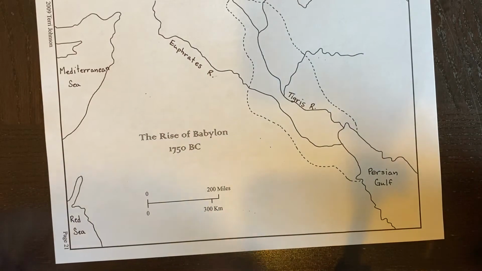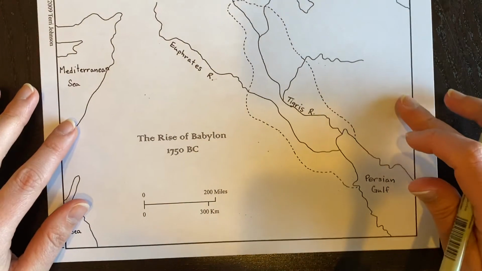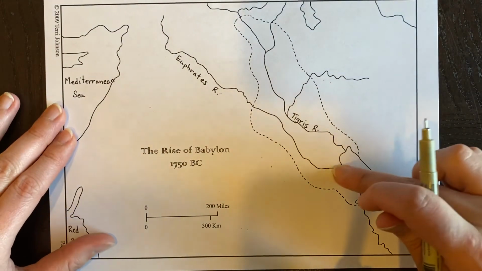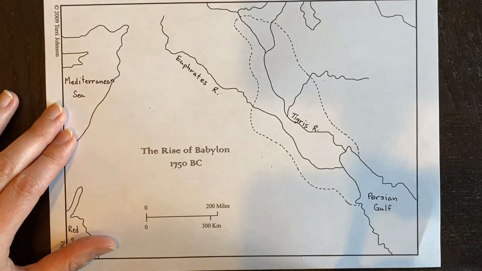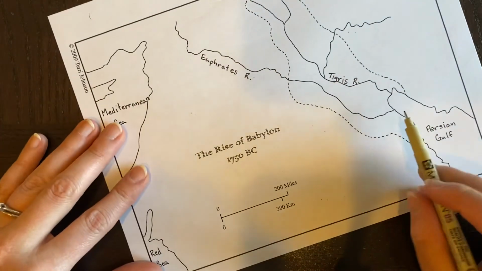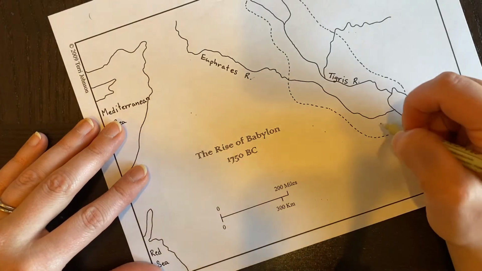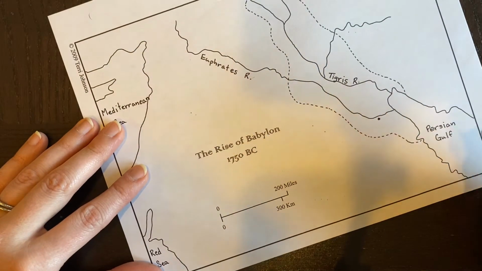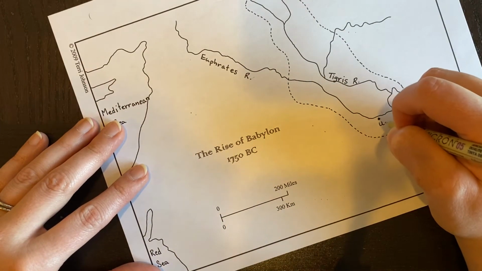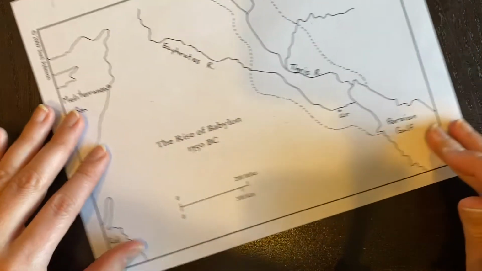Now we are going to put on 4 cities, and the first 2 are going to be along the Euphrates River. The first one, just a little ways along the Euphrates, right about here, is the city of capital U-R.